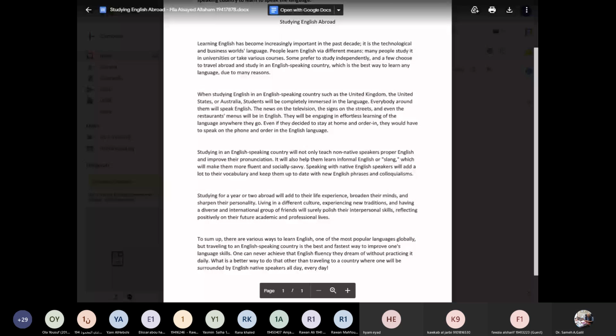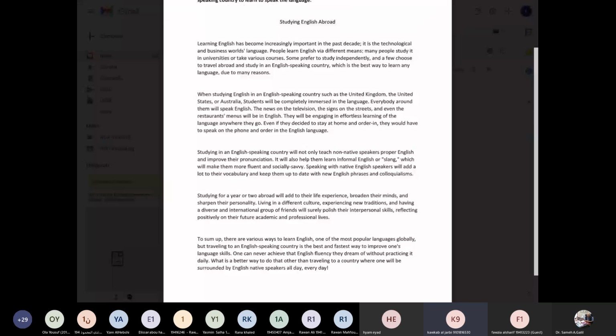My name is Kaukab. I think it is a good essay. It is a narrative. They explain how studying English abroad is important for people. You said it's narrative. I was talking to somebody else and I said that I haven't seen any narrative.